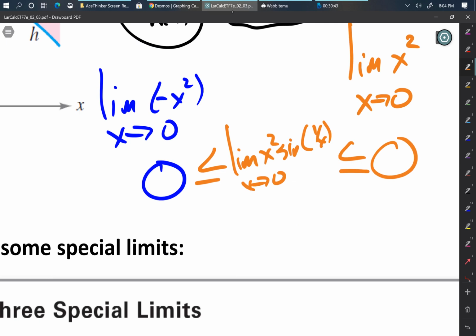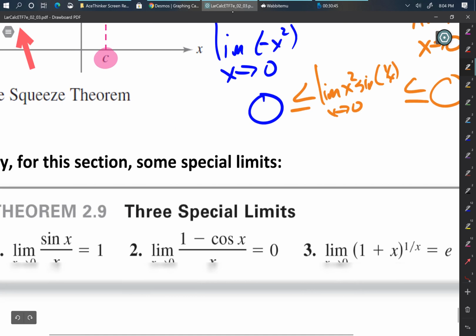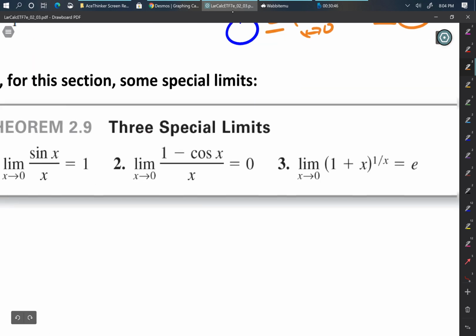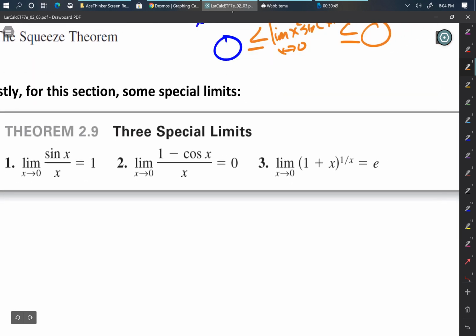All right, the last little thing. There are 3 special limits that we use in Calc 1, but are beyond Calc 1 to prove that they're true, but we just run into them once in a while. And so these are just 3 special limits. There's nothing more that I can say about them than these are ones you just have to know.